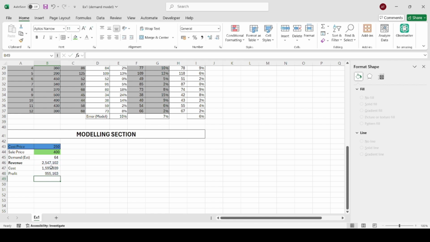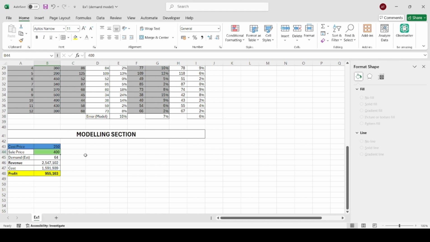Of course, if I was going to sell something at a price less than the cost of production, then I will make a loss. Okay, so let's box this one up and highlight this one in yellow. So really, this is how to calculate the profit in one case.